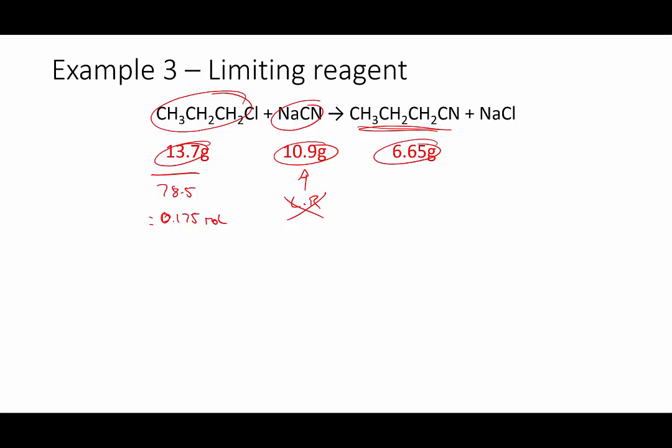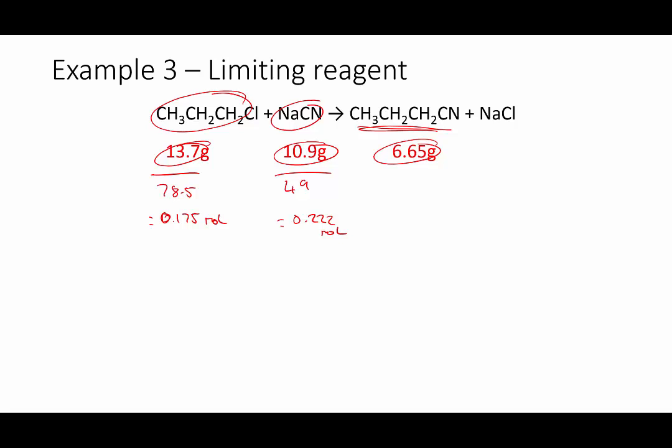Of course, it's not the limiting reagent, so let's just get that out of the way now. Let's divide it by the actual MR, which is 49, and you should get 0.222 mole. Now clearly you should be able to see that 0.175 moles is lower than 0.222 moles.